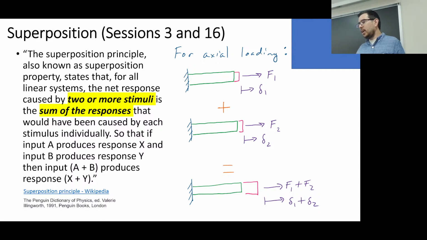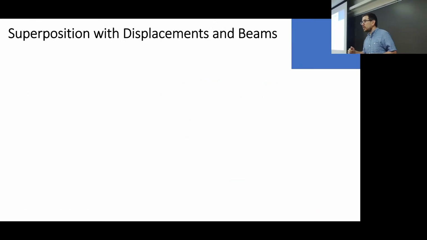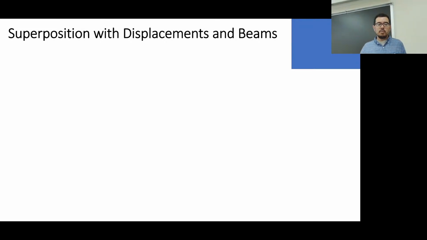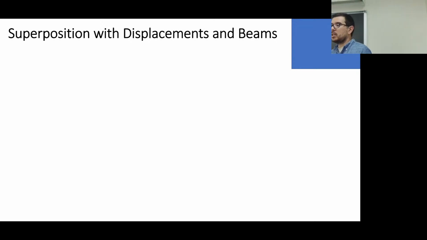And so if I have 2 forces of the same magnitude, then I'm going to have double displacement. With beams, it's even more interesting in that we can begin to think of superposition with displacements, not just in terms of an increased axial load, but also I could have loads being applied at different locations and be able to still sum up the displacement.